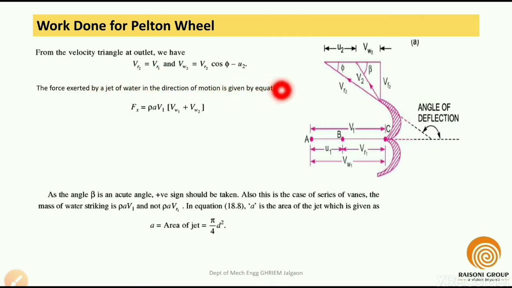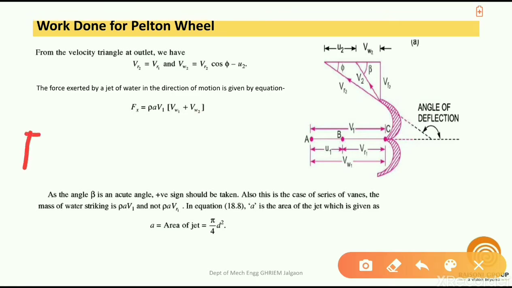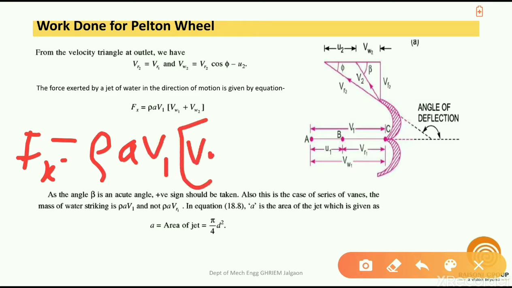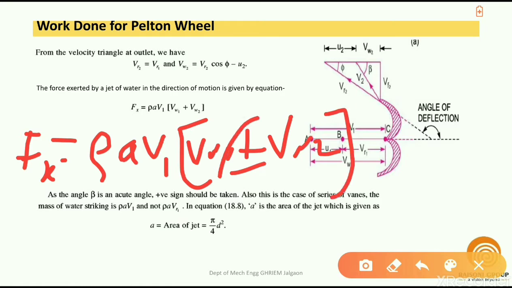Now we have already seen that the force exerted by a jet of water in the direction of the motion is given by Fx equal to rho a v1 multiplied by vw1 plus vw2. The original equation is Fx equal to rho a v1 into vw1 plus or minus vw2. So what is this plus or minus?